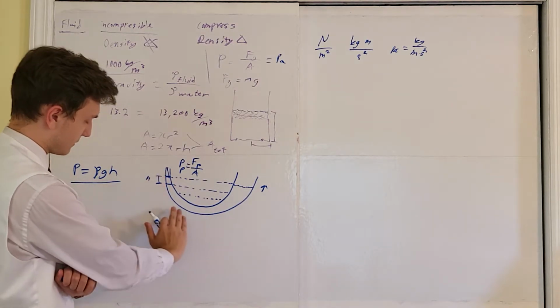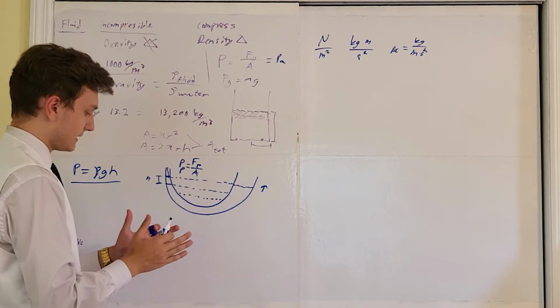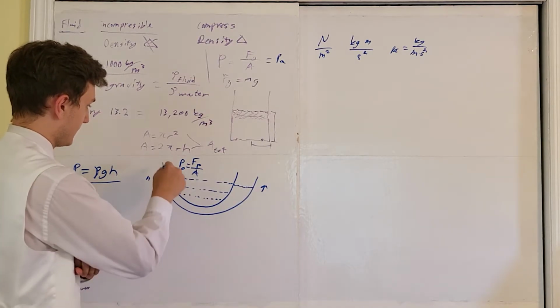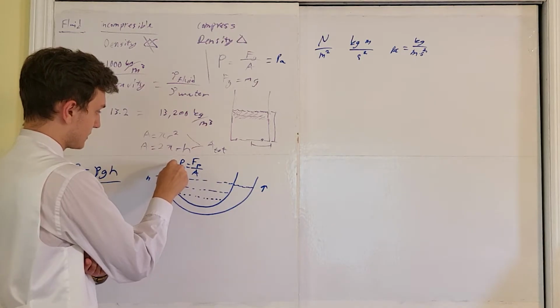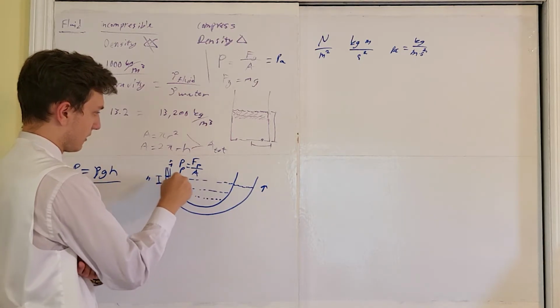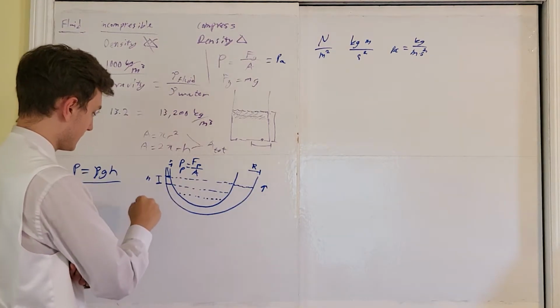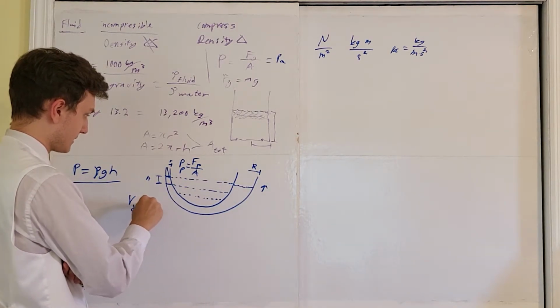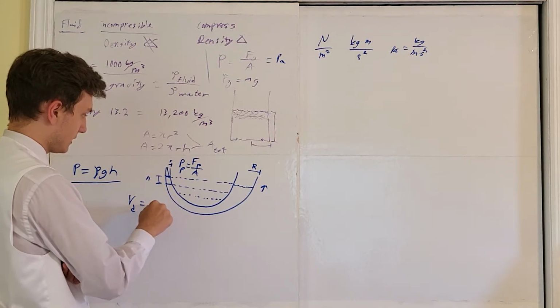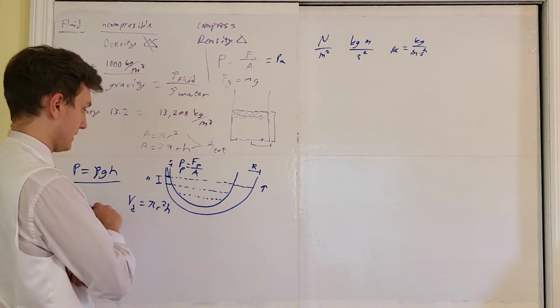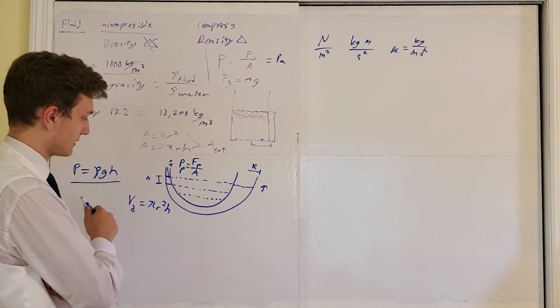Okay, and since water has been pushed, we need to calculate the volume of water that has been pushed down. Okay, let's say that the radius of this tube here is little r, and the radius of this tube here is big R. You would say that the volume of water displaced by the piston is equal to pi little r squared times the h, the height of water displaced.